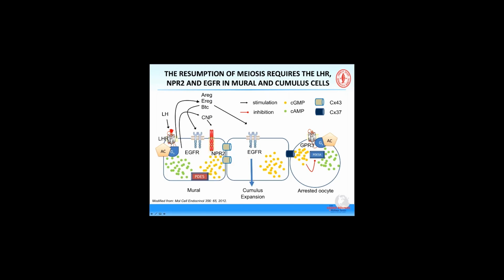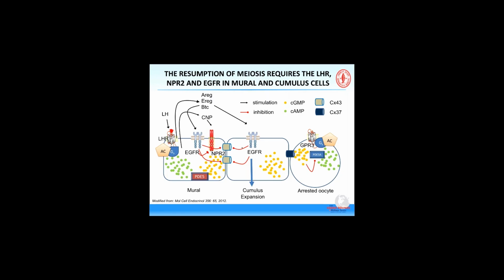And so another important effect of the activation of the EGF receptor on both the mural granulosa cells and the cumulus granulosa cells is the inhibition of the function of connexin 43, which is an important component of the gap junctions between the mural and the cumulus cells.